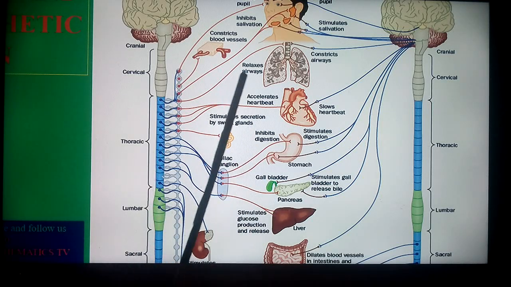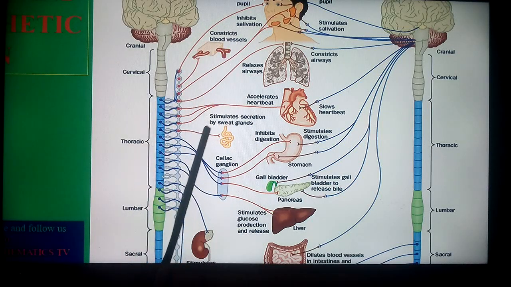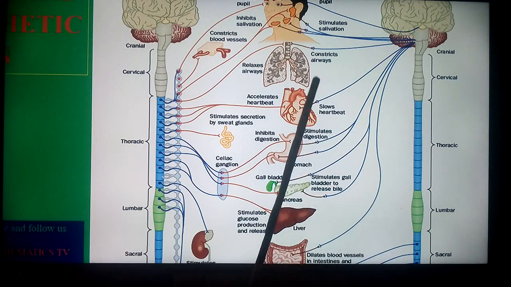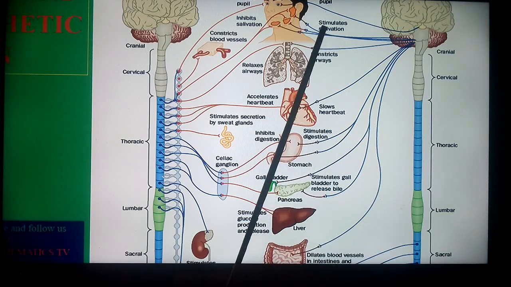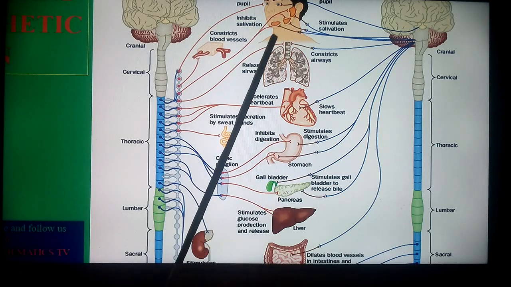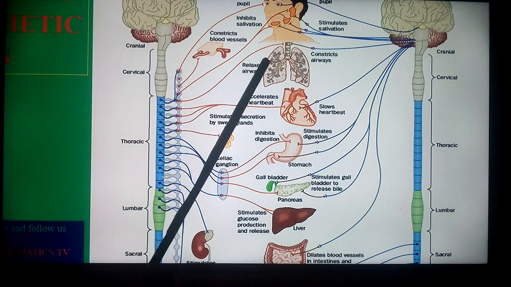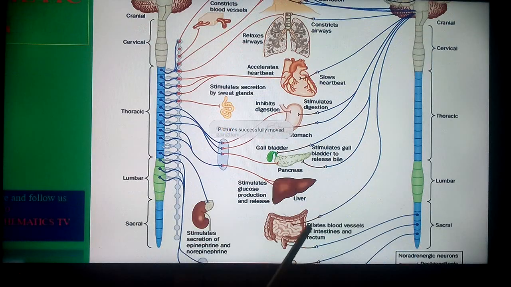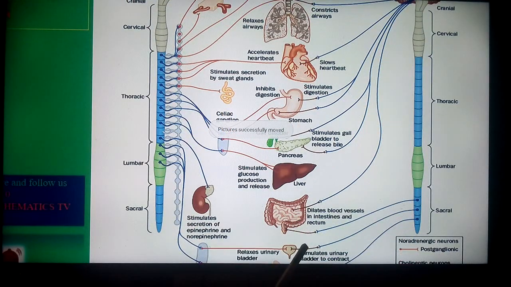So this specific section consists of the sympathetic section, and this consists of the parasympathetic actions, like stimulated salivation. This is a normal activity which occurs during digestion, but inhibition takes place under a constrained or emergency condition, respectively.